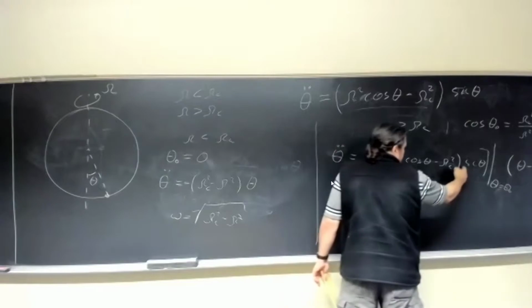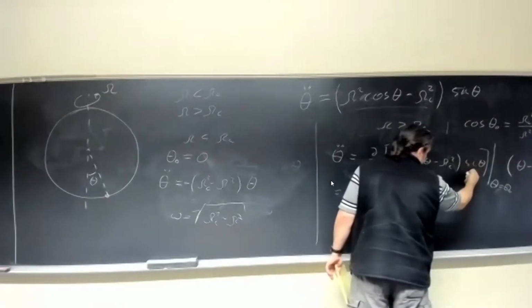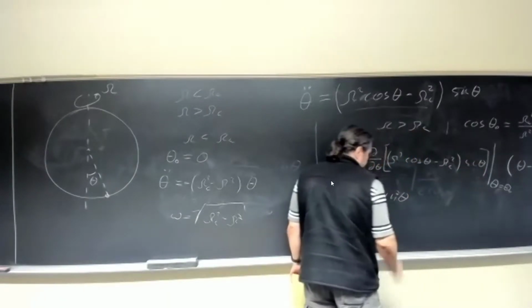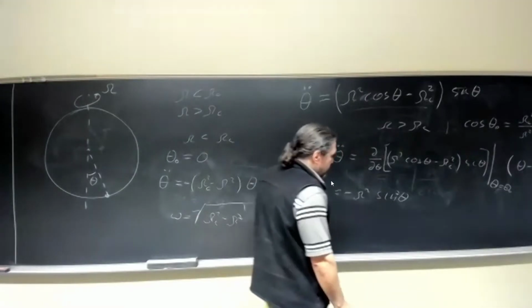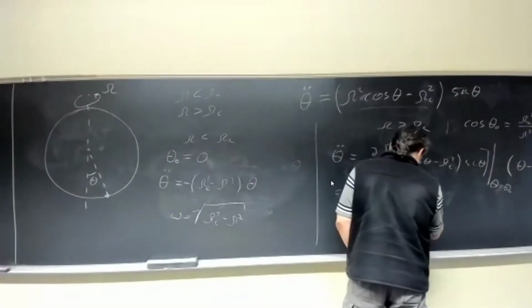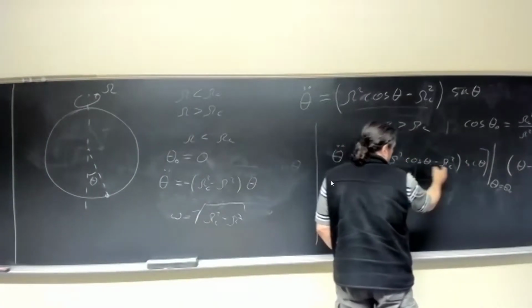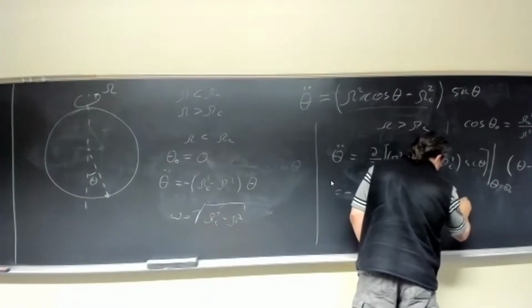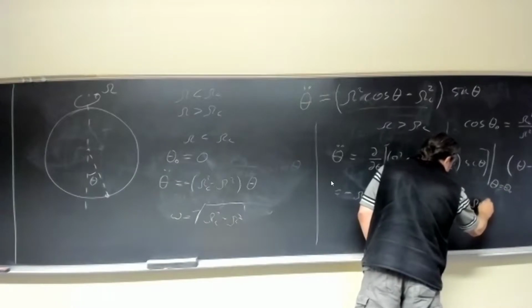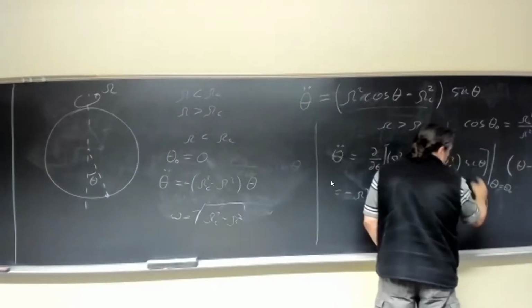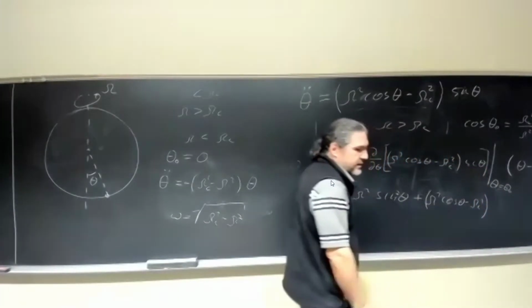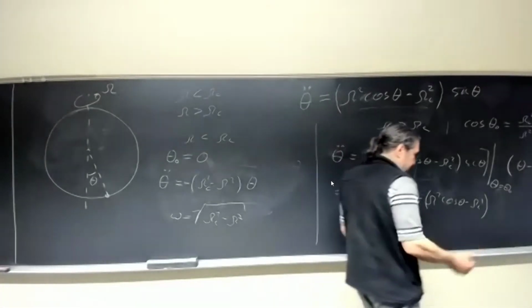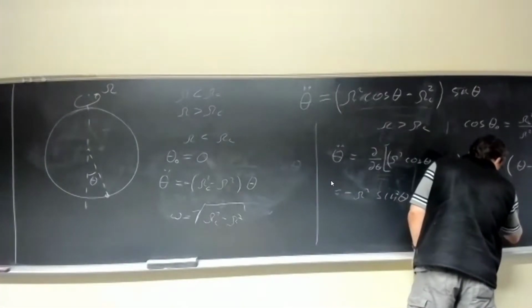That's the derivative of this part, and I need to multiply it by sine theta, so it's sine squared here. And then I need to write plus this function as it is, omega squared cosine theta minus omega c squared, and then differentiate sine theta. The derivative of sine theta equals cosine theta.